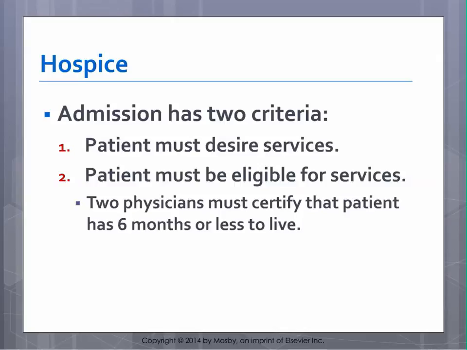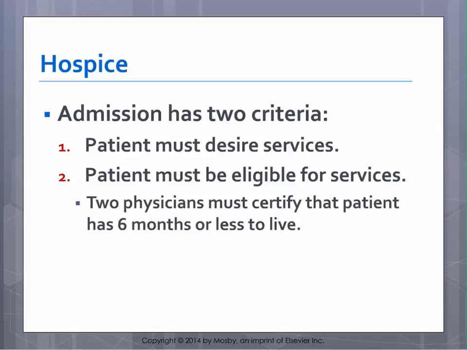Patients must agree in writing that only hospice care and not curative care can be used to treat their terminal illness. Patients can withdraw from the program at any time, for example, if their condition unexpectedly improves. Patients can receive care for other health problems that begin after starting hospice.